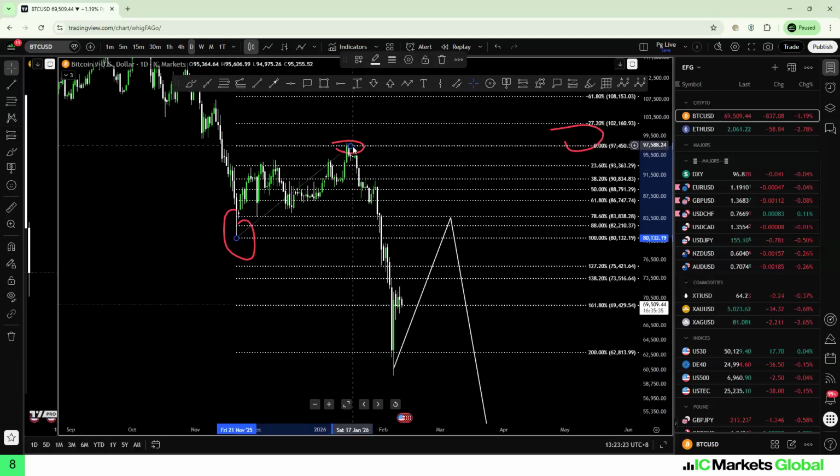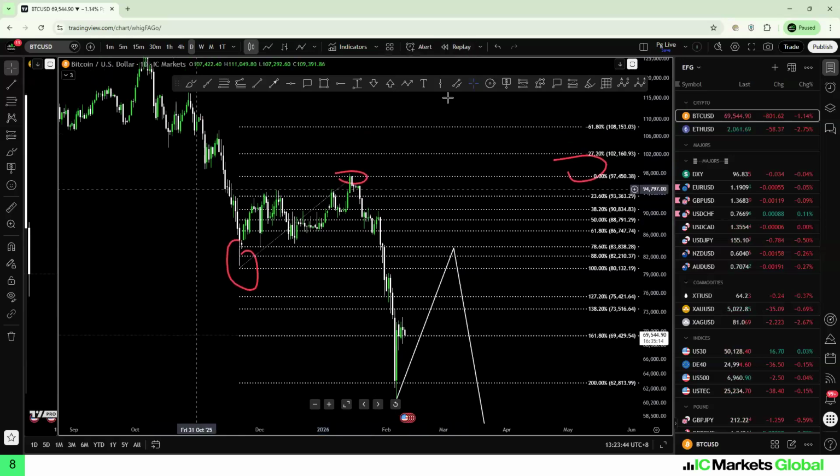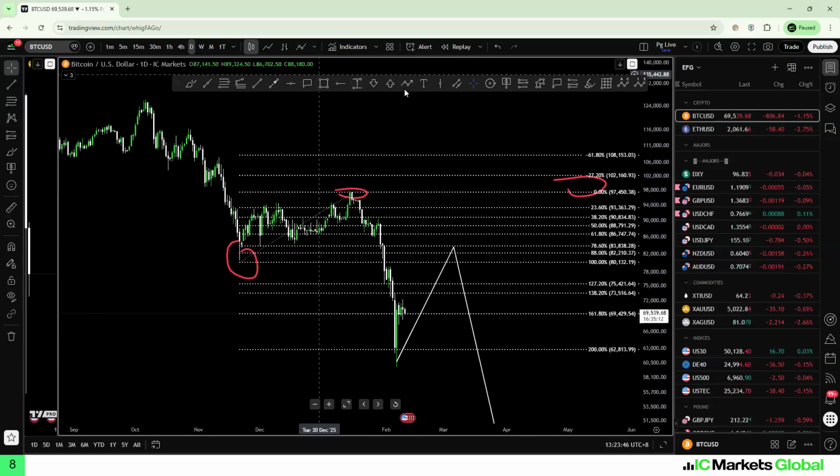Right here we sell at 30.6%, like all the way breaking below this. Price first got rejected from extension 127 and all the way closed below 161.8 and slightly pushed below 200% and then price closed above the 200% Fibonacci extension. You're gonna see the zigzag, something like that, right?